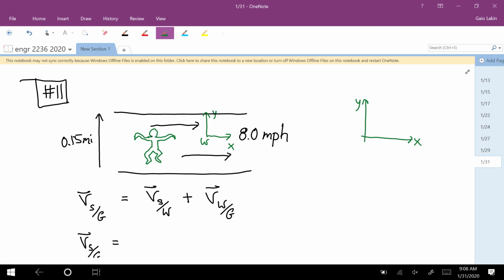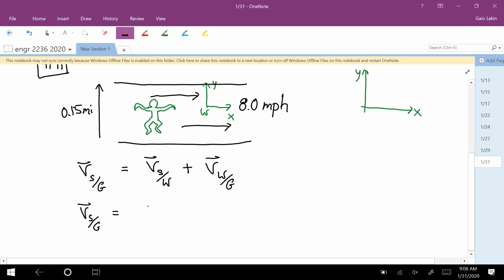So the velocity of the swimmer relative to the water is (0, 4.5). The velocity of the water relative to the ground is going in the positive x direction the way I have it drawn, so that's (8, 0). And so a camera fixed on the shore would see the swimmer moving with a velocity vector of (8, 4.5).